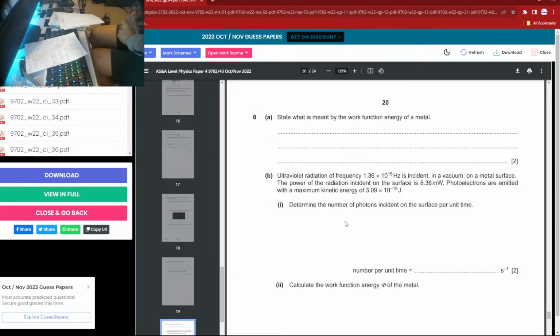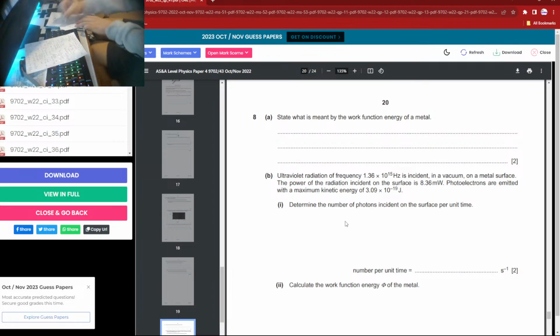So for this one, we know that power is equal to work done over time, and we know that E is equal to hf. So we get hf over time. What we're trying to get is just 1 over T because it's per unit time.